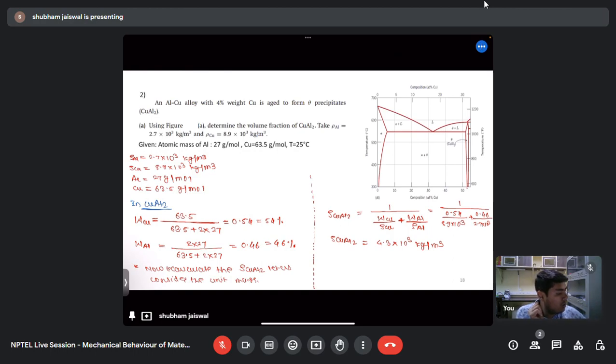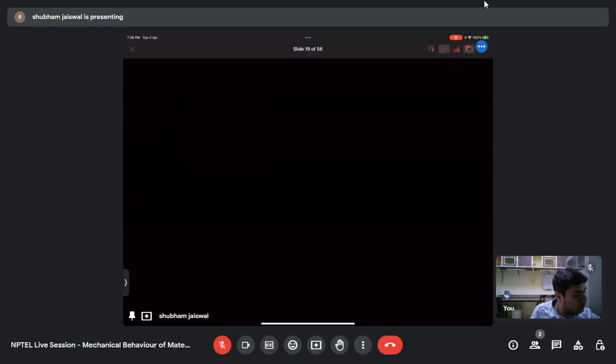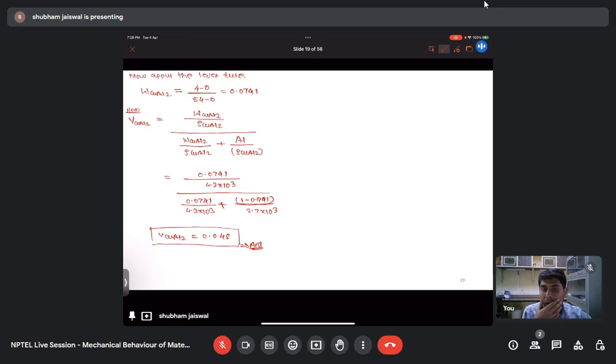Then by applying the lever rule, we calculated the weight fraction of CuAl2. Then we just needed to convert it into the volume fraction. So volume fraction of CuAl2 is nothing but the volume of CuAl2 divided by total volume. So we had all the values, we put them in and got the answer. The final answer is the volume fraction of CuAl2 equal to 0.048.